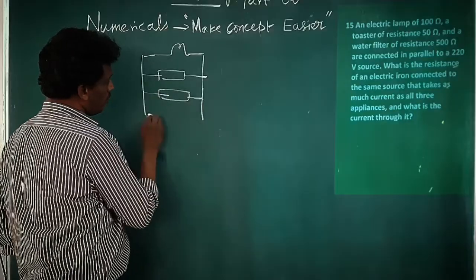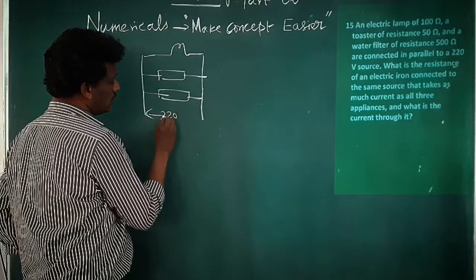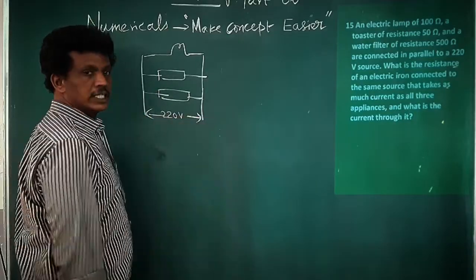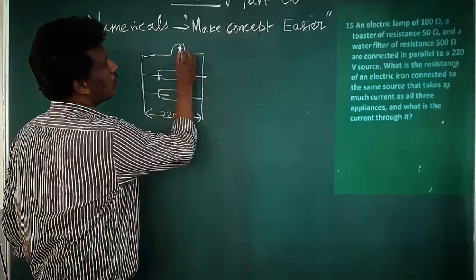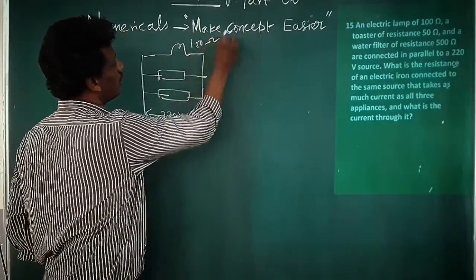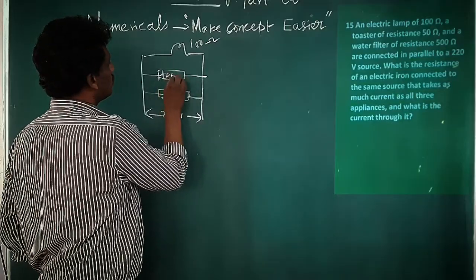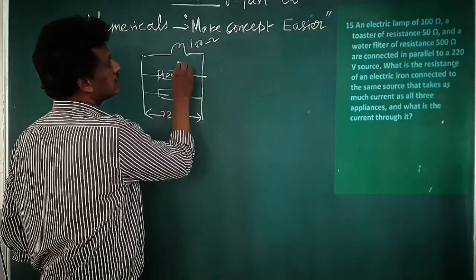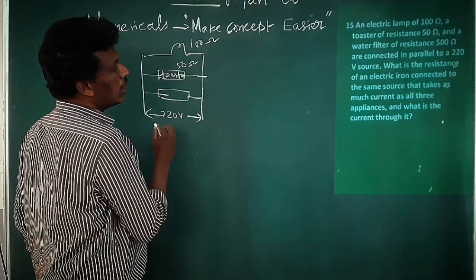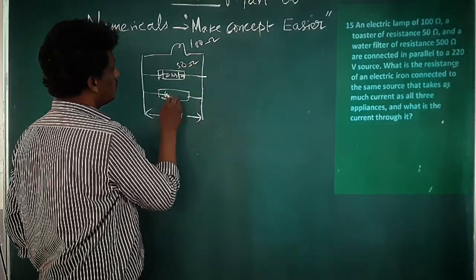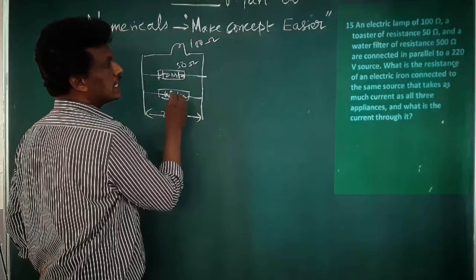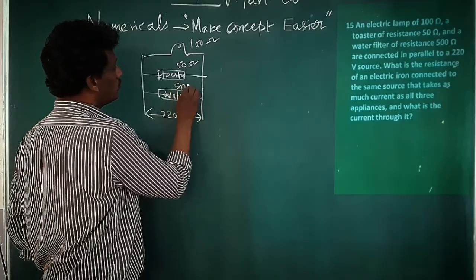It is a parallel combination, so the potential difference remains the same. Here, the bulb of resistance 100 ohm, the toaster of resistance 50 ohm and the water filter of resistance 500 ohm.